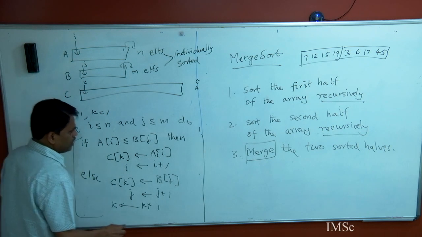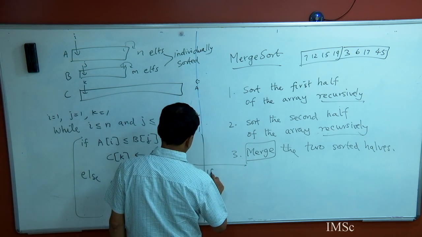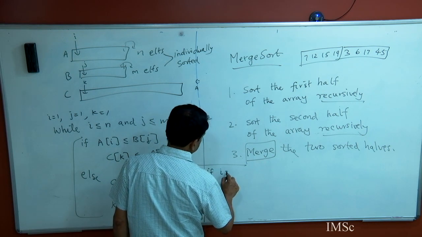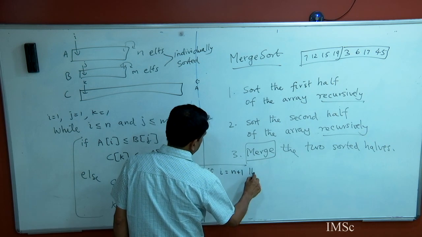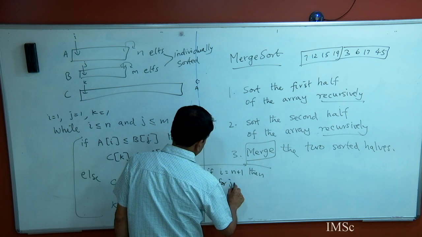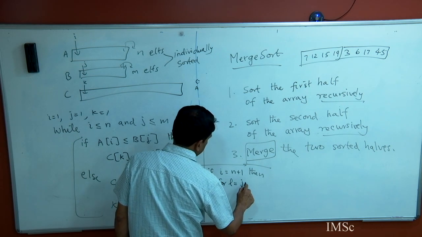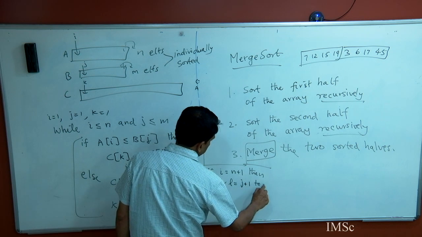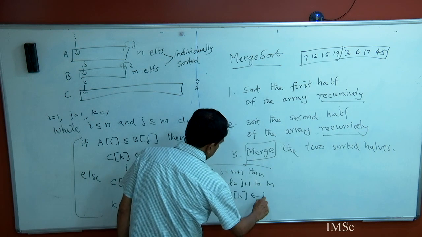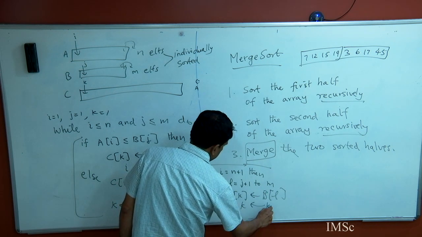So if i is n plus 1, then for l equal to j plus 1 to m, ck is bl and k goes to k plus 1.